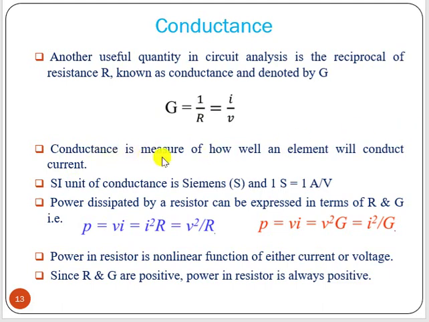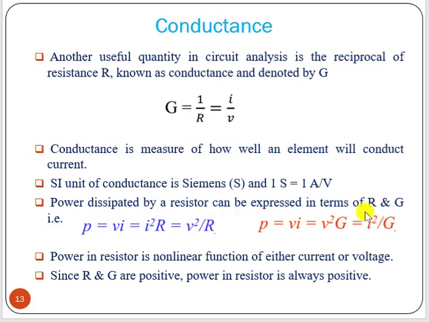Now conductance is a measure of how well an element will conduct current. Resistance is opposing current, and conductance means how well the material conducts current. The SI unit of conductance is the Siemens. So 1 Siemens equal to 1 ampere by 1 volt.